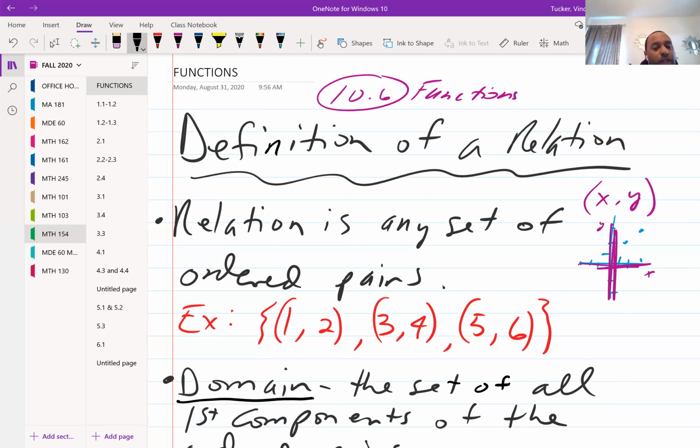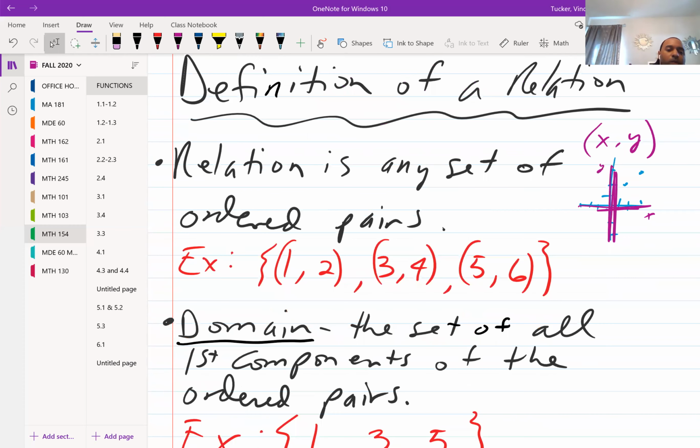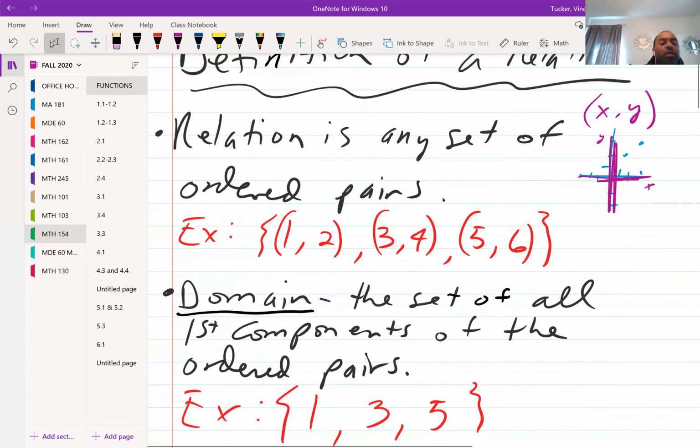That would be an example of a relation, any set of ordered pairs. Your domain is the set of all of the first components of the ordered pairs.